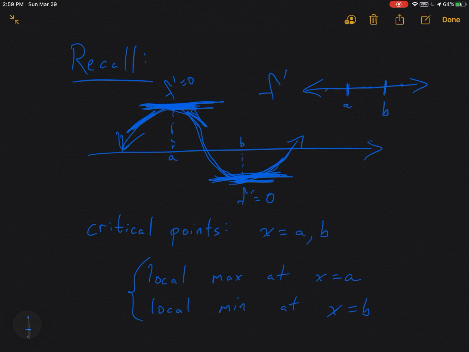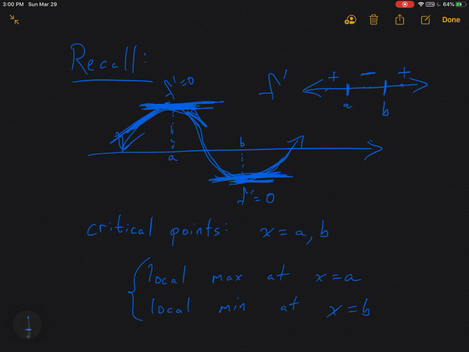There are 3 subintervals here. If you look to the left of a, the derivative was positive. The derivative would be negative to the right of a, and then the derivative is positive again once we cross over b. Based on this sign chart, we could decide whether a or b were local maxes or local mins.